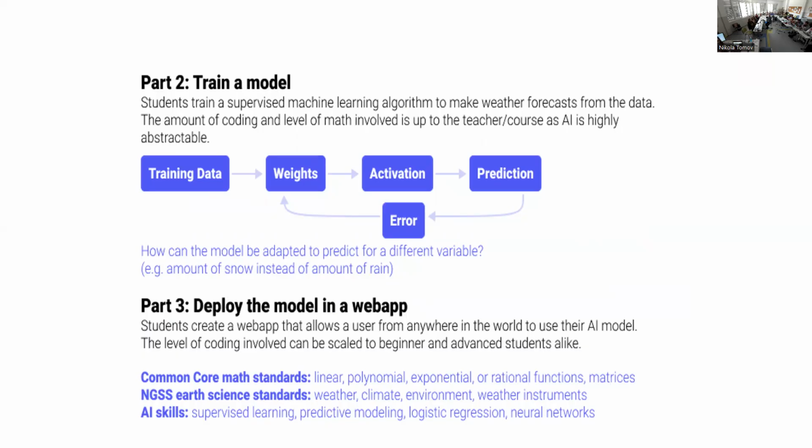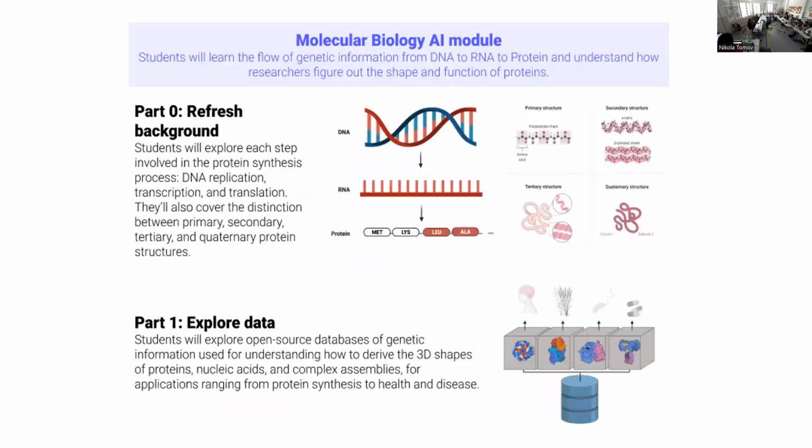They train the model accordingly, and then they deploy it in a web app. So this is a pretty nice, straightforward process that students can do as project-based learning. They can build a web app to predict the weather in their city, let's say.